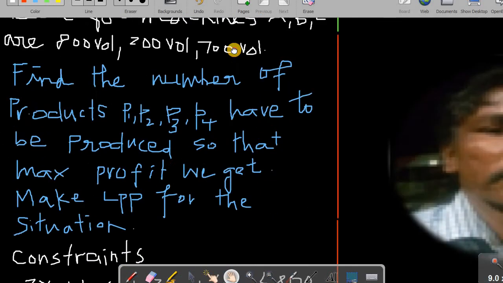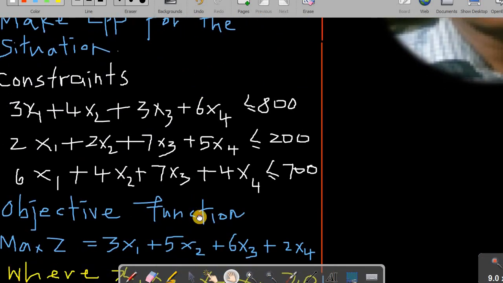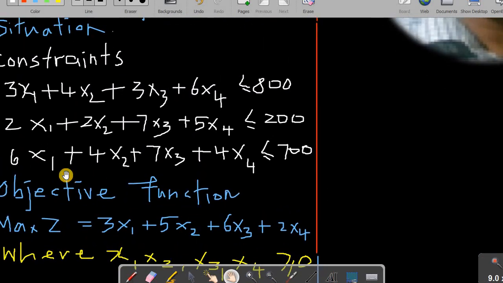So we have 6x1 plus 4x2 plus 7x3 plus 4x4 less than or equal to 700.